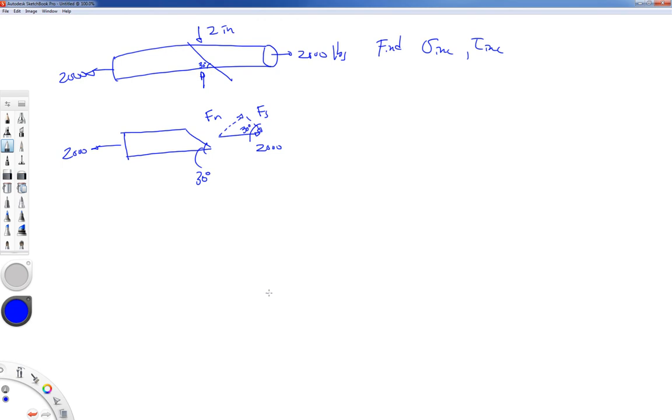It's the same angle right here in this picture. So in this example, the normal force would be equal to 2,000 sine 30 degrees. And the shearing force is 2,000 cosine 30 degrees. Just breaking that force up into those components.